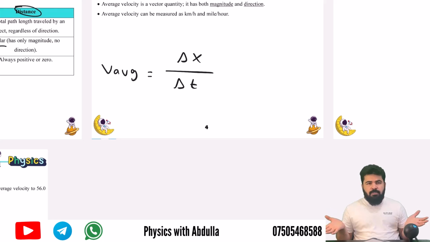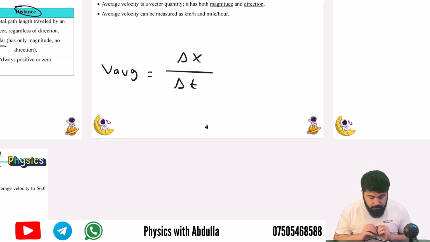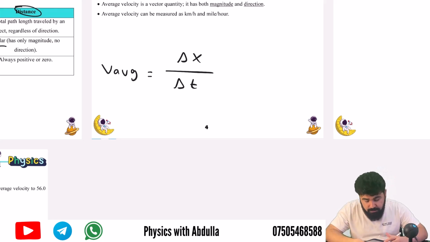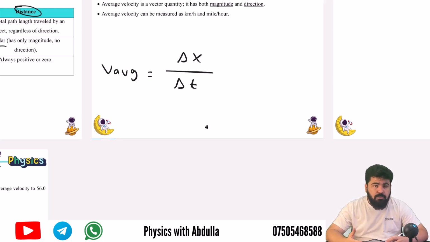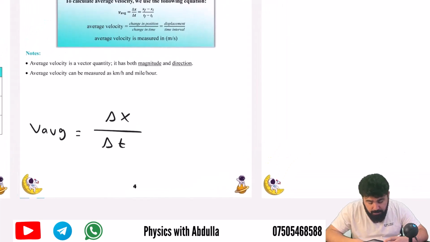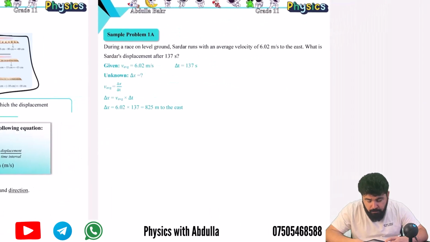So it's going to be the same. That's what you mean by average velocity, okay? Now, let's solve some questions about these. Before that, we know that velocity is a vector quantity. It has both direction and magnitude. And it can be measured both in kilometers per hour or miles per hour, okay?